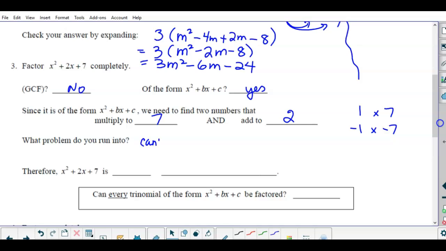Can't find two factors of 7 that add to 2. Okay, so we say this is not factorable.